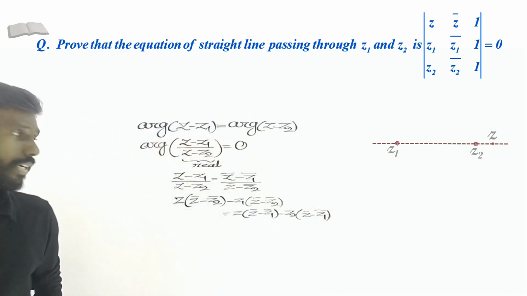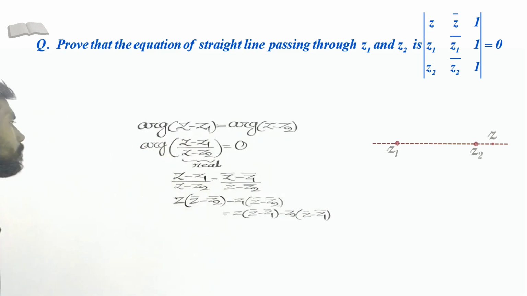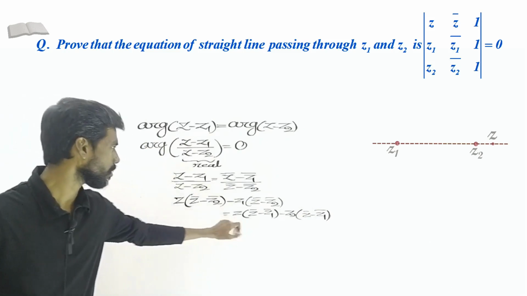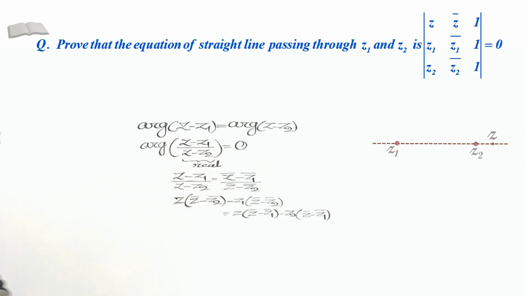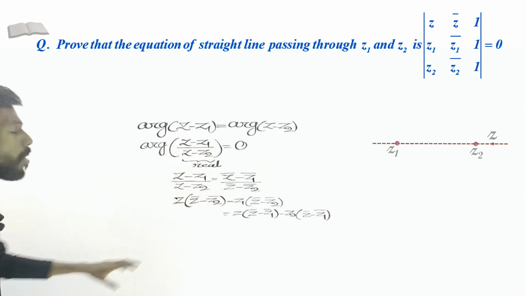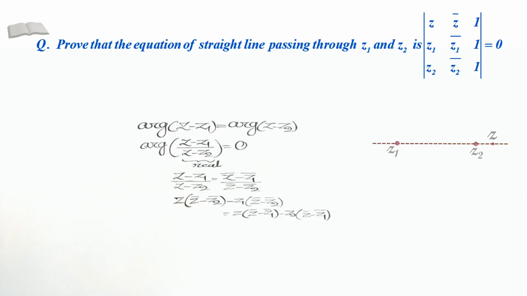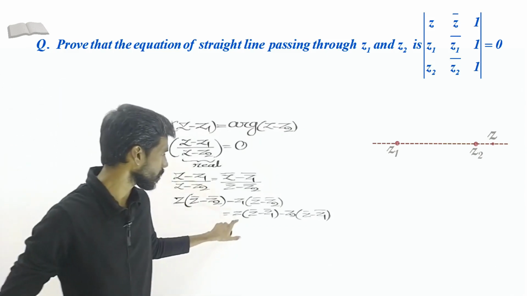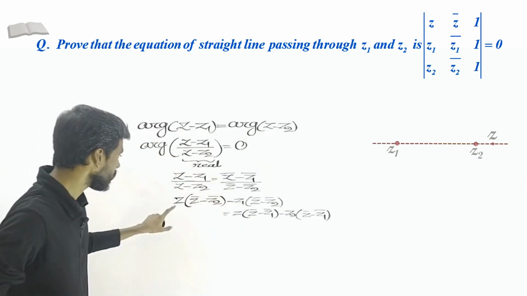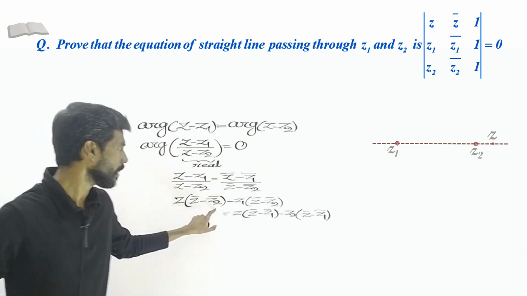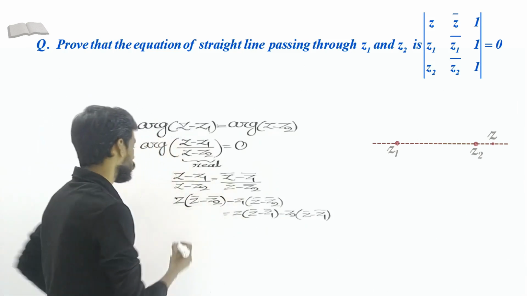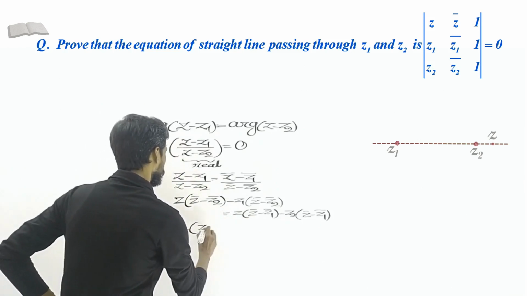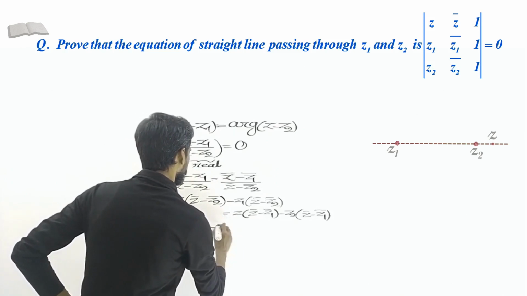Now let us simplify this further. Some terms get cancelled: z z bar cancels on both sides. Then z multiplied by minus z2 bar and z multiplied by minus z1 bar, so taking z out, we get z times (z1 bar minus z2 bar).